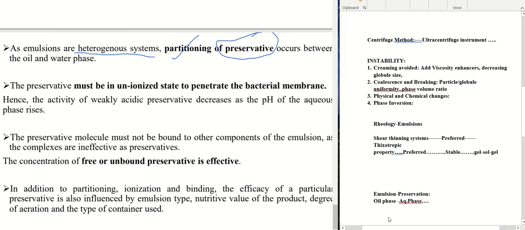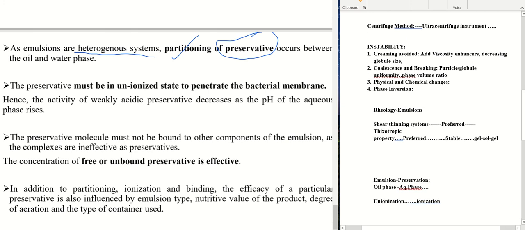Now, in this concept of adding a preservative to an emulsion, we should recollect our ionization and unionization part. Now, let me ask you a question. Will an unionized molecule be absorbed much faster, or will an ionized molecule be absorbed faster?